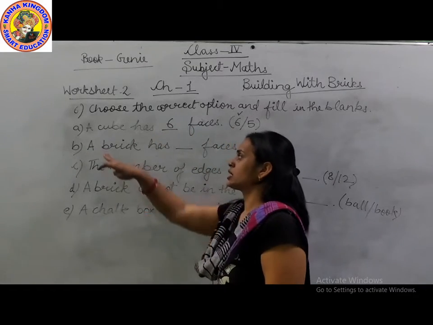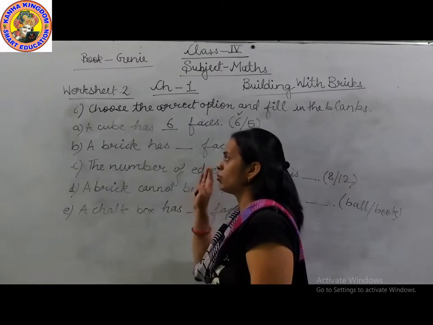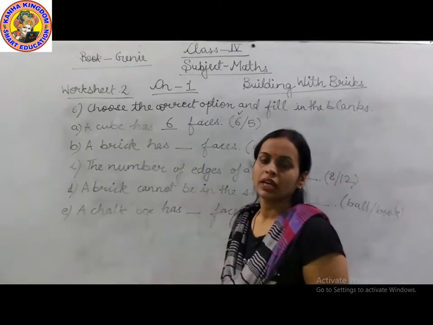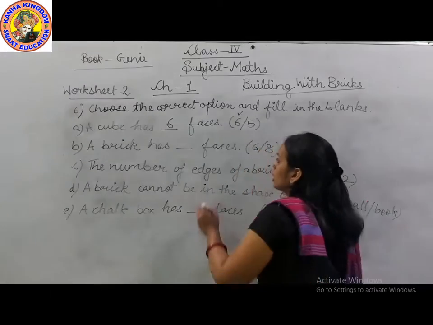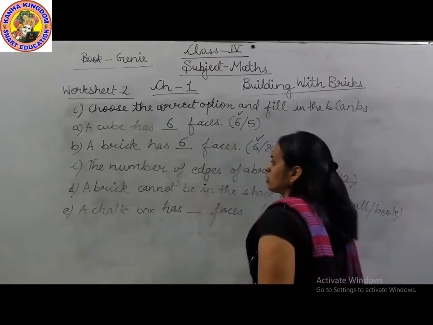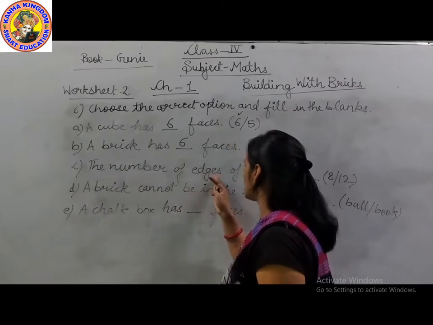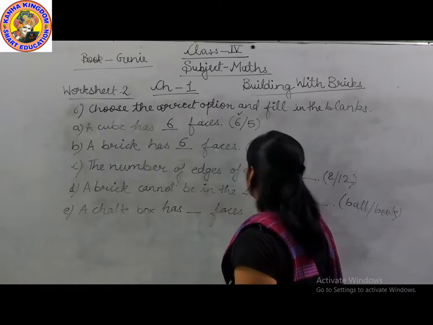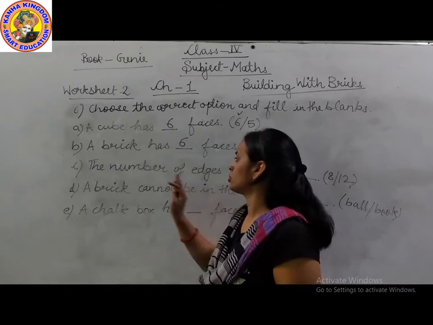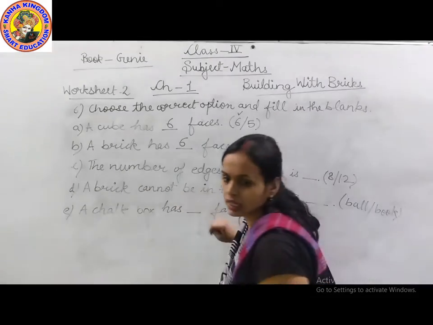Now next is, a brick has dash faces. So how many faces in a brick? Again 6. Now next is, the number of edges of a brick is 12.